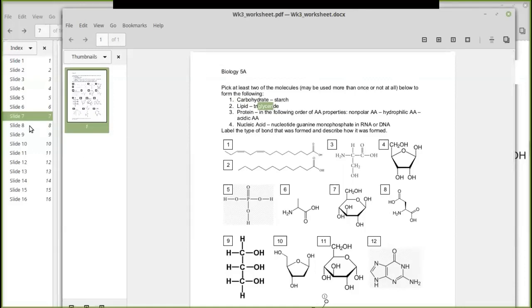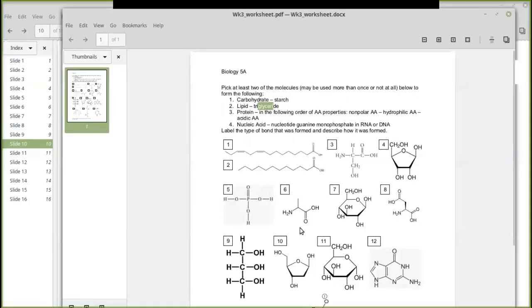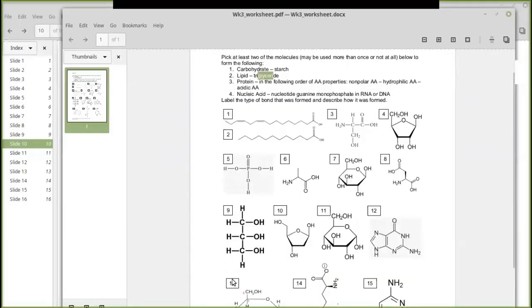Let's look back at our lipids. We have our fatty acids, and then what other portions are there? Nine. Okay, 9. Good. So what would 9 be called?